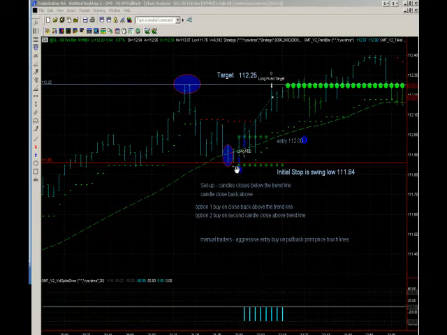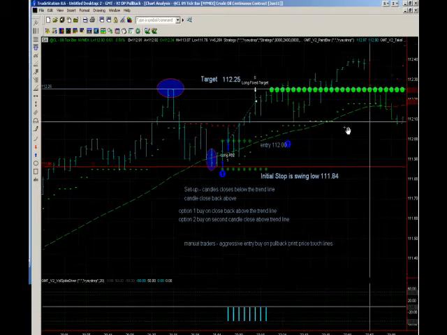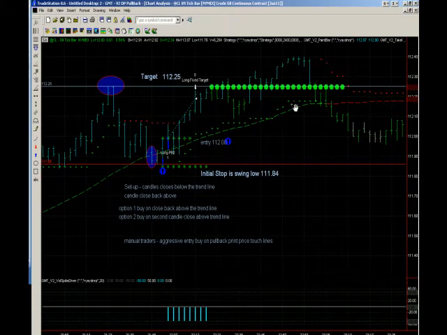So the initial stop is the swing low, which was at 86, so we work at 2 points below that, at 84. Our target on the trade would be the previous swing high, maybe minus 1, or you can go for the previous swing high, which is our target at 112.25. Some of you may be using a trailing stop as your target, so you want these trades to run.